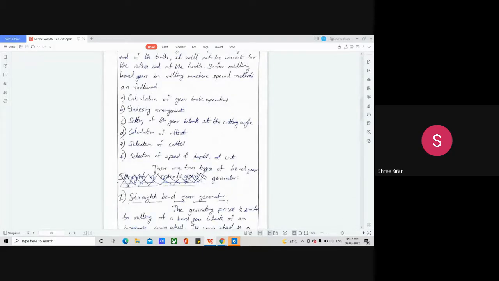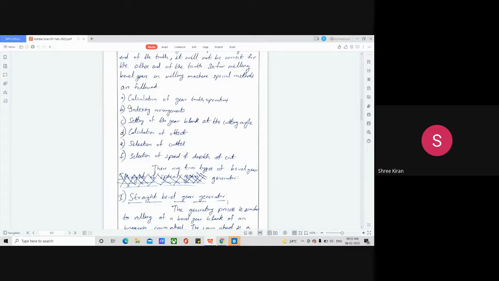Regarding the calculation of offset and cutting the gear, how do you calculate? The tooth space of a bevel gear has a variable cross section. In the case of a bevel gear, we will always have a tooth space of variable cross section.